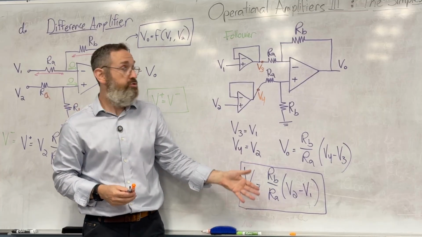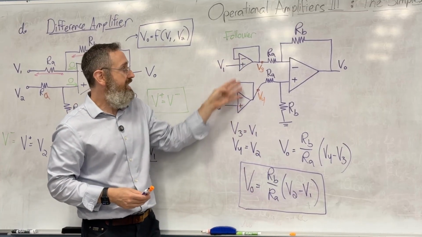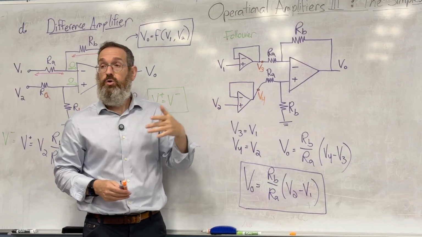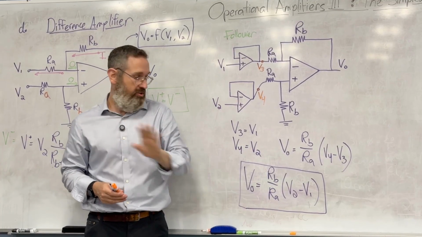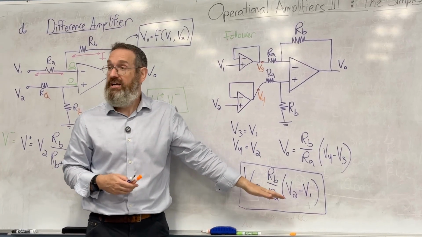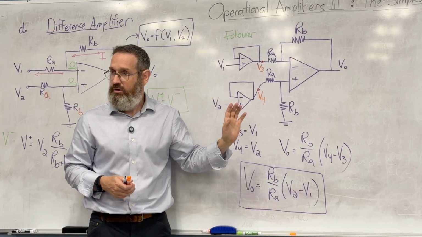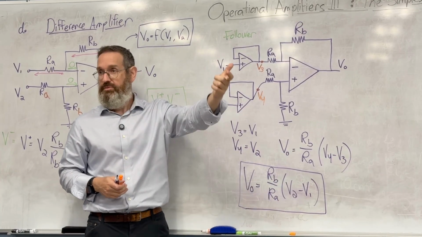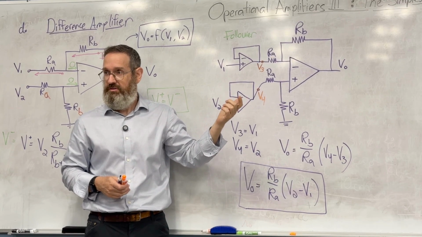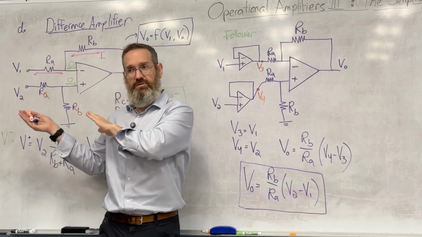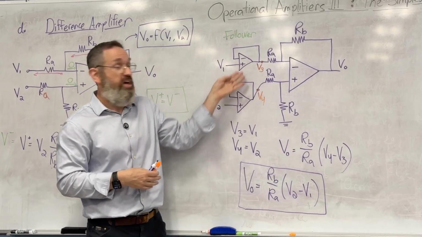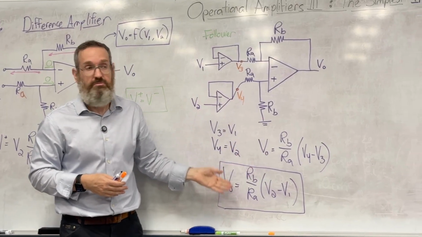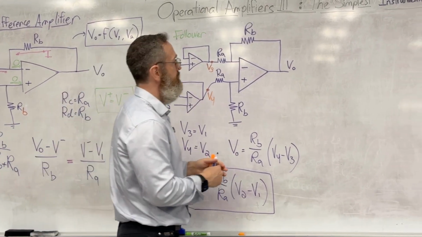It doesn't seem like too much was accomplished, except we've added these additional stages here, which do have a real application, but apparently not much of a mathematical implication. All right, one more step to get to the instrumentation amplifier. These are little steps. We did the difference amplifier, then we just added this, did nothing to the math. All right, let's do one more.